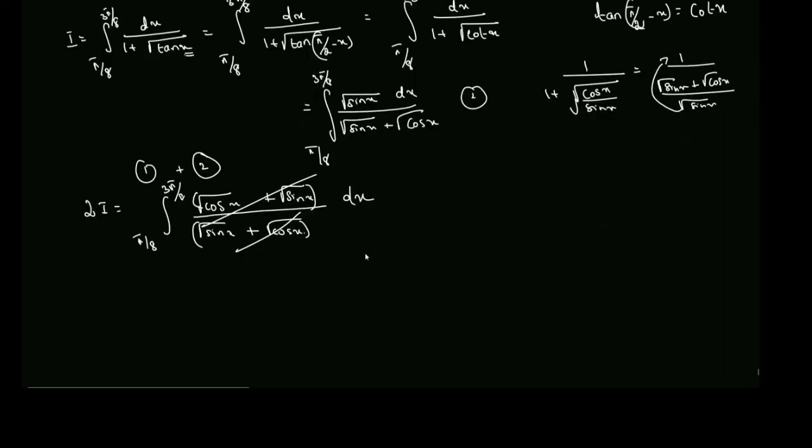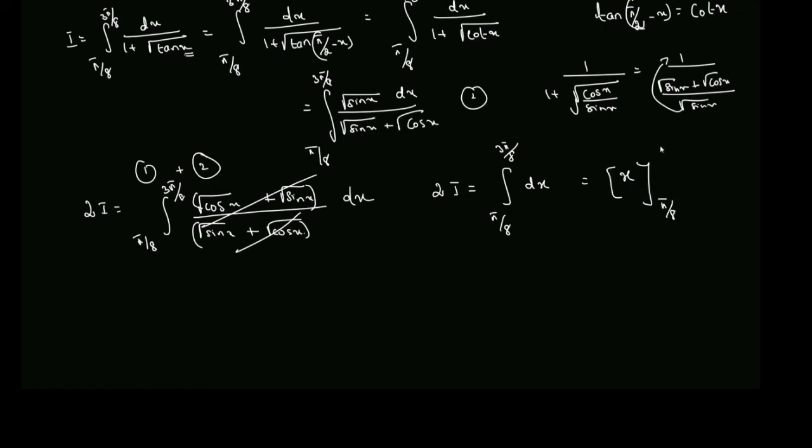So we now get 2I is equal to the integral from pi by 8 to 3 pi by 8 of dx, because the rest is cancelled. The integration of dx is x, from pi by 8 to 3 pi by 8.